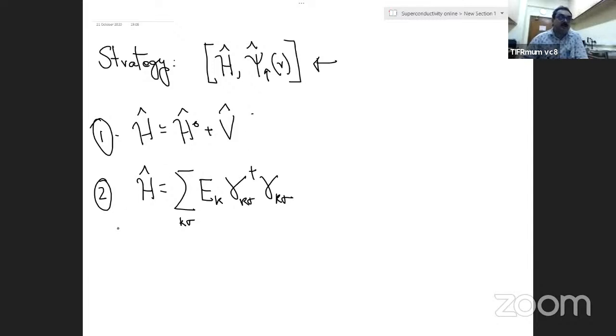Okay, so now let us take the second form first because that's easier. I will use the second form and evaluate the commutator, and this we have already done when we did second quantization. Remember when we calculated the time evolution of operators, we had to evaluate this.